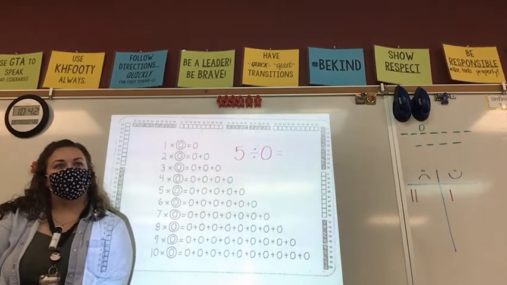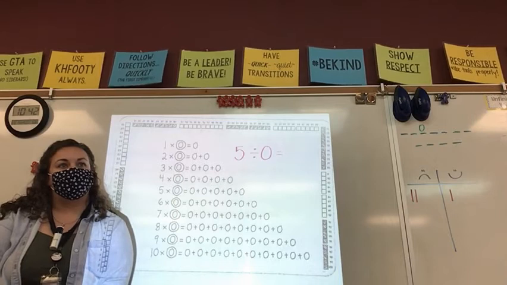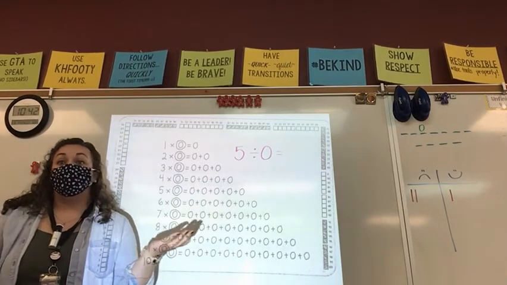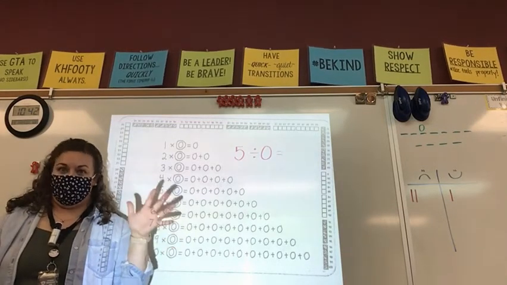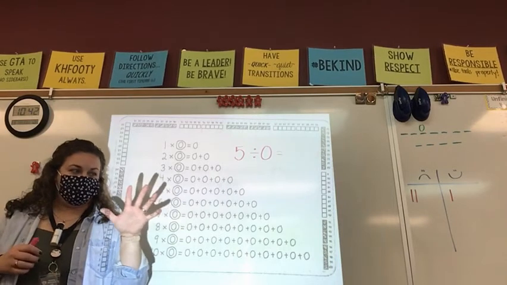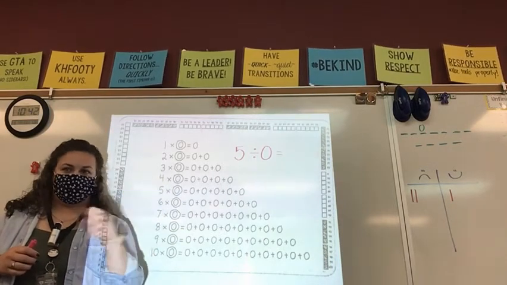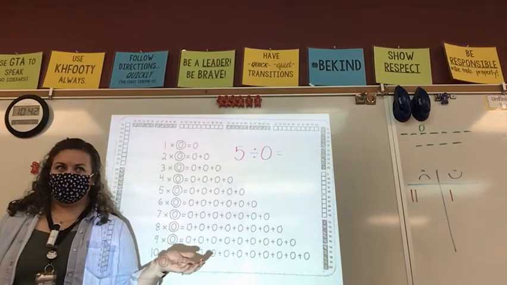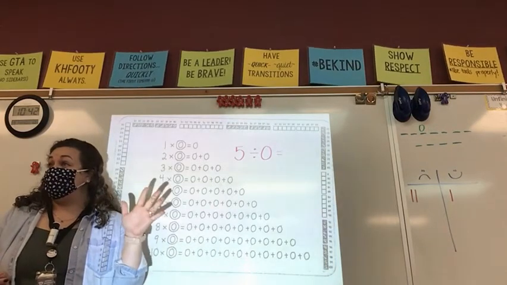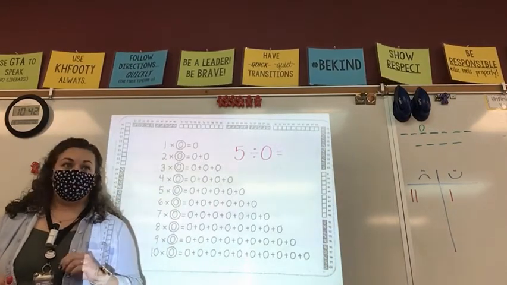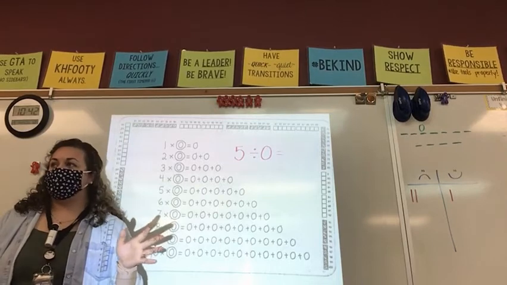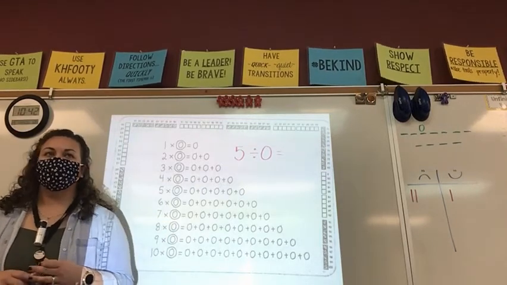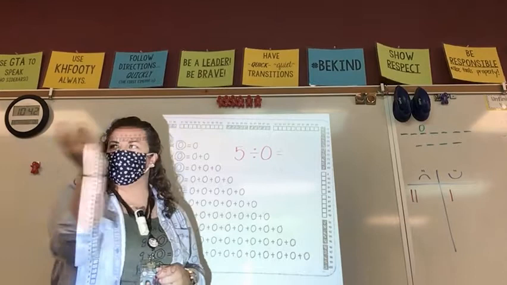Because if 5 goes into 0 groups, then it's just... If I have an amount, is it possible to make it just disappear and put it nowhere? No. It still exists. And so, I have a fancy rule for you. You're going to get sassy with me for a moment. Are you ready? You can't divide by 0.